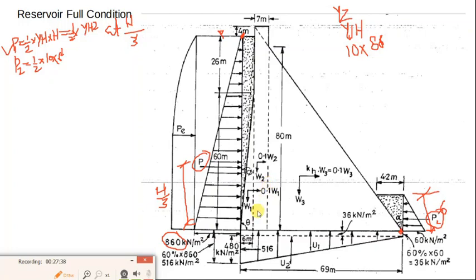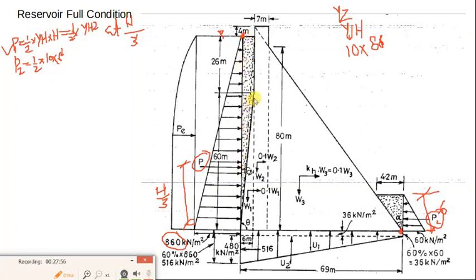Another force is uplift force. How to calculate the uplift force? Before that I want to discuss this part.